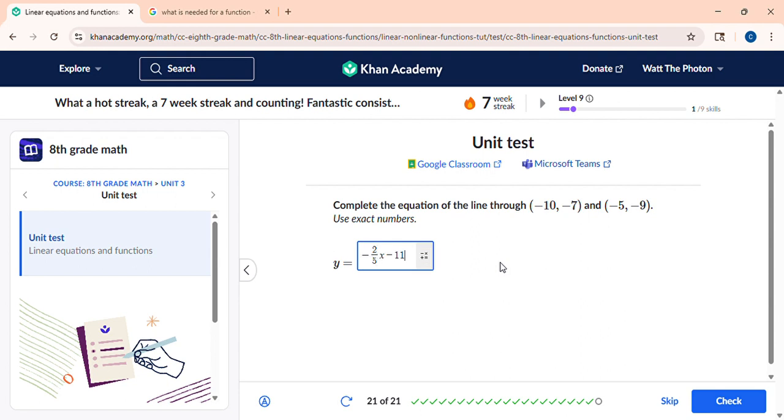So 5 over, 2 down. And when x is equal to 0, we get -11. So it has to go 5 over again. And -11 is equal to 0. Oh!